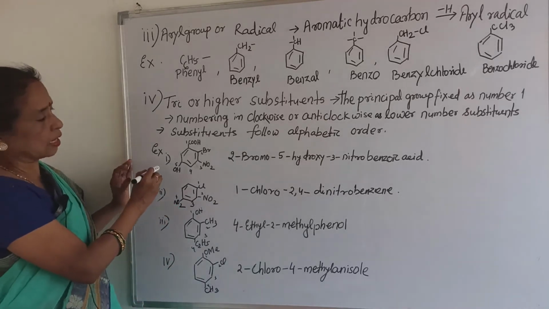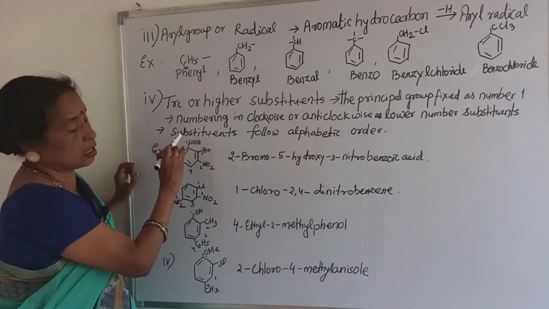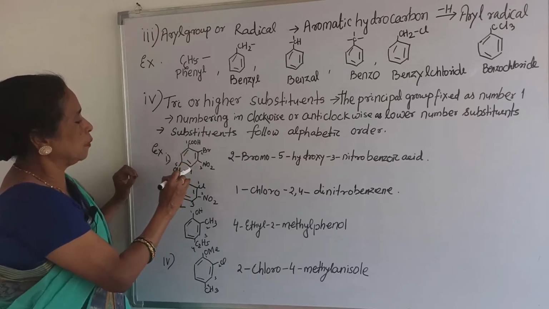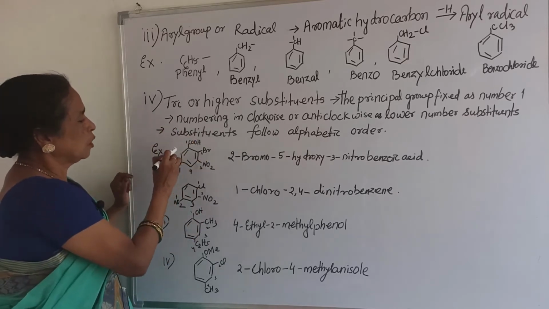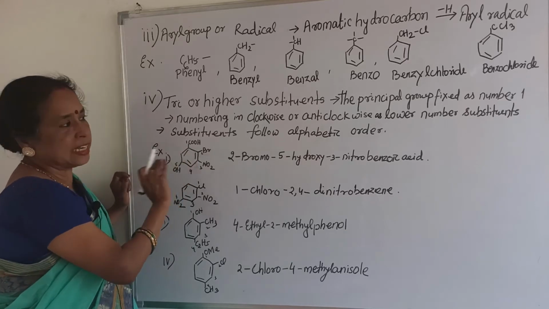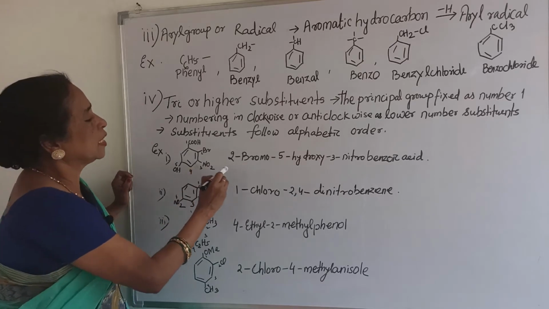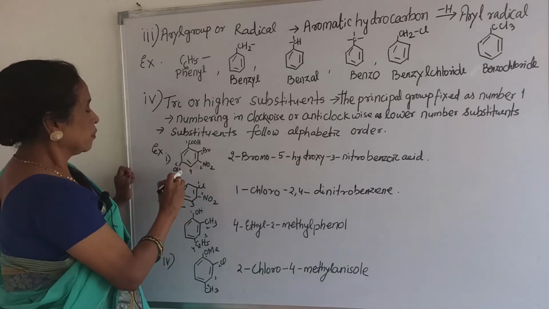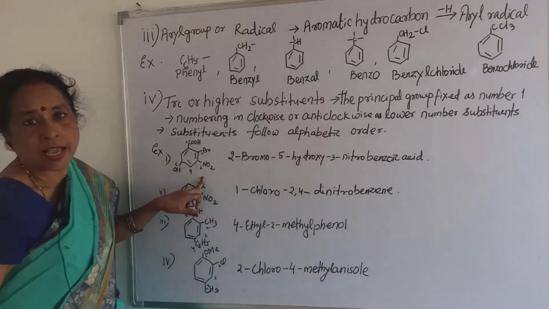Now you can observe the example. Here at position 1 is the COOH group, because the priority comes first to the COOH group, then 1, 2, 3, 4, 5. Suppose we count in the anti-clockwise direction, 1, 2, 3, 4, 5, 6, it does not give the lower number substituents. That is why the nomenclature is 2-bromo-5-hydroxy-3-nitrobenzoic acid.